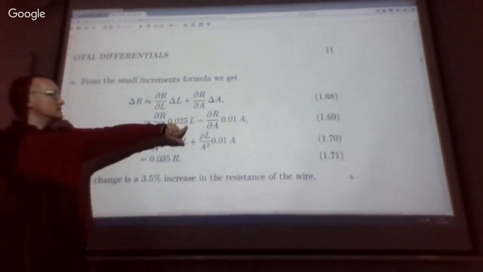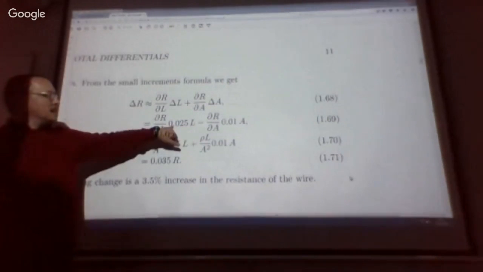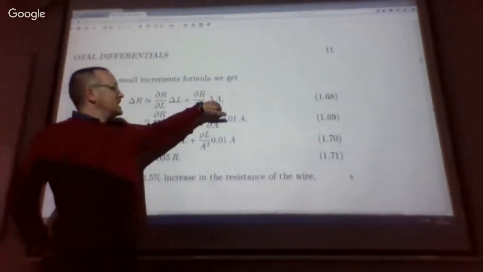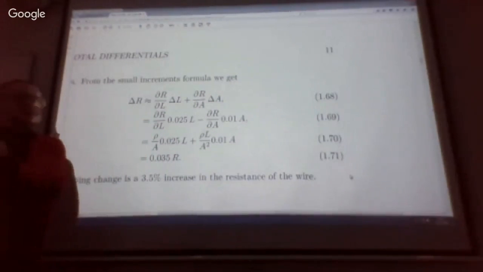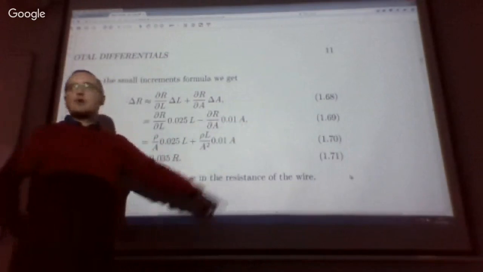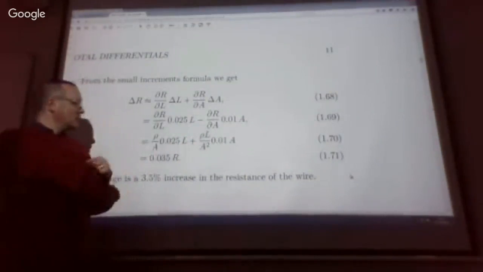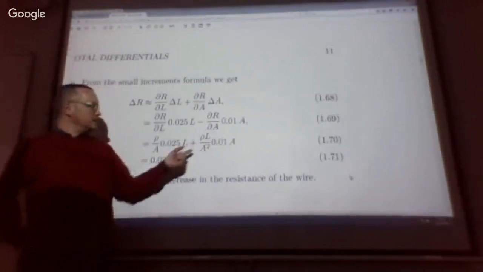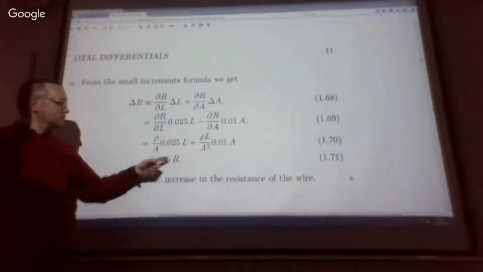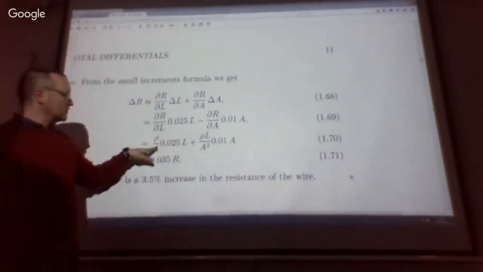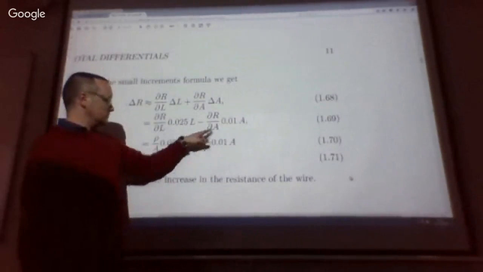And the length is increasing by 2.5%, so the change in L is 0.025 L. And the change in A, well, A is decreasing by 1%, so its change is minus 0.01 A. So this is what it looks like here, but because we have this extra factor of L and A, they go with the partial derivatives here, and they reform the resistance R. Resistance, remember, was rho L over A. So again, we get rho L over A, rho L A over A squared, so rho L over A.